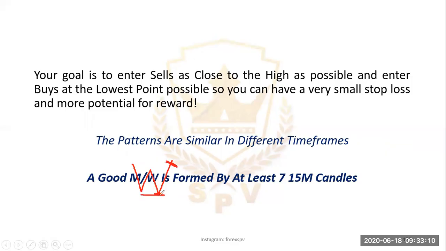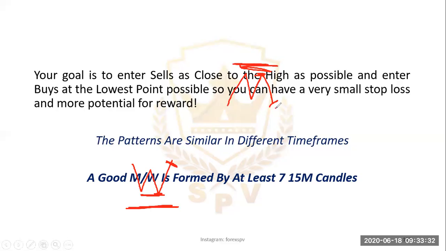So your stop loss will be below here. And when you are having an M, this will be the high of the day. So you're entering at the highest point of the day.